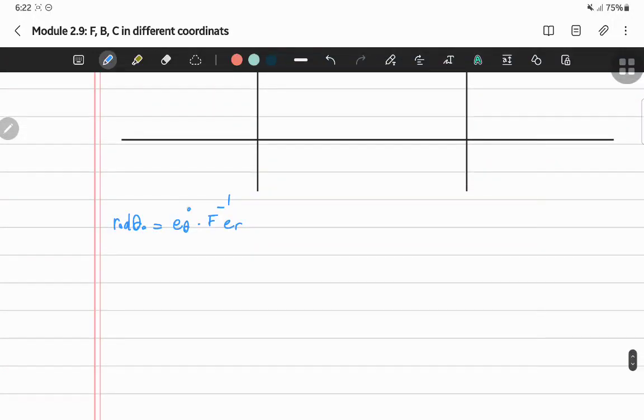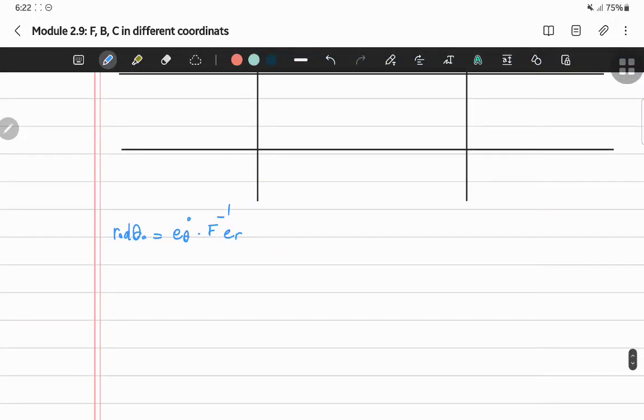That's why we put 0 in here and nothing in here. So we have f inverse er dr plus e theta 0 f inverse e theta r d theta plus e theta 0 dot f inverse ez dz.